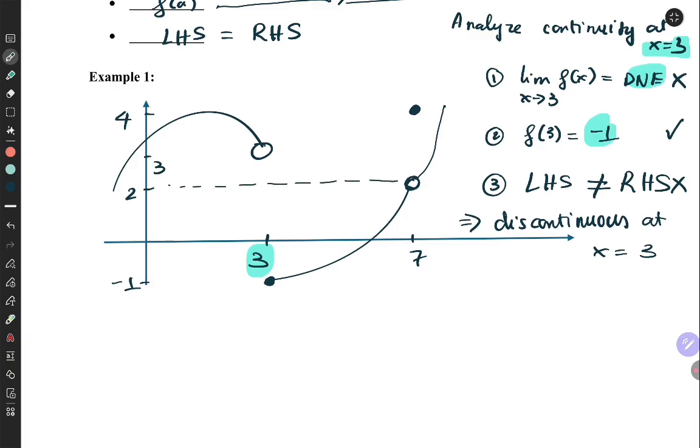Okay. Now, how about you? Can you try to analyze at x equals 7? Try that. Okay. Very simple. Write that out. Check that. You have to satisfy all 3 of them in order to be continuous at a number. All 3 of these. How about x at 7?